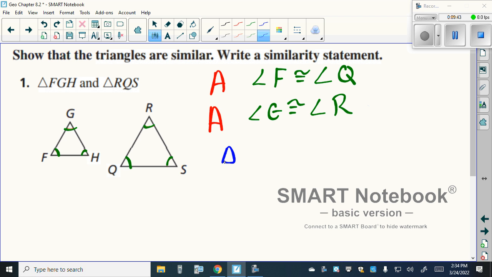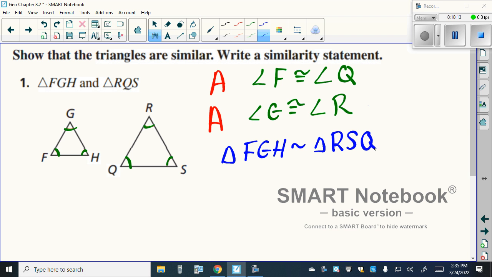Now we still need to write a congruency statement. So triangle what? FGH is similar to triangle RSQ. Could I have also said QSR? Yeah, or SQR, or any version of those three, yes?